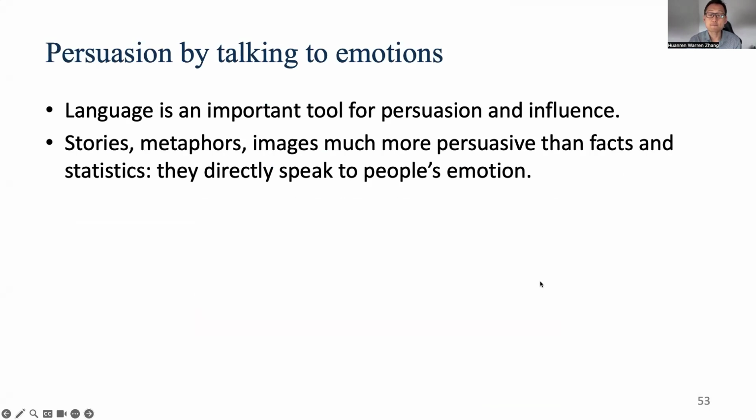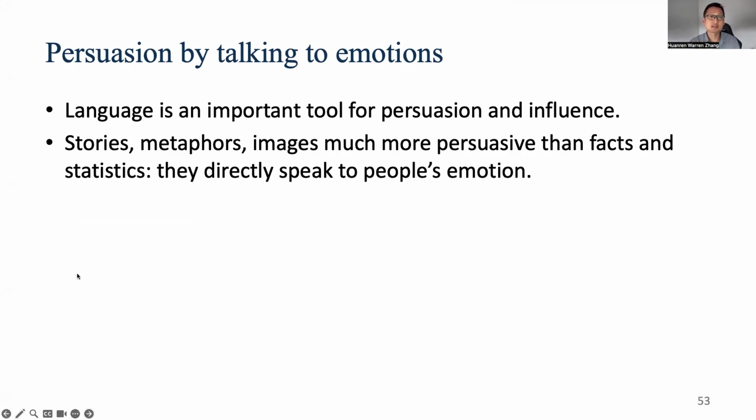And when we talk about persuasion, it's actually quite important to talk to people's emotion, the emotional appeal, something that we have talked about throughout the course. We talk about emotion as the integral part of decision making, and it's the integral part of influencing other people. And it's also one important component of the modes of persuasion, right?